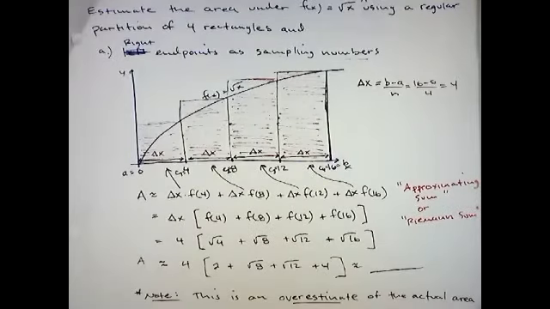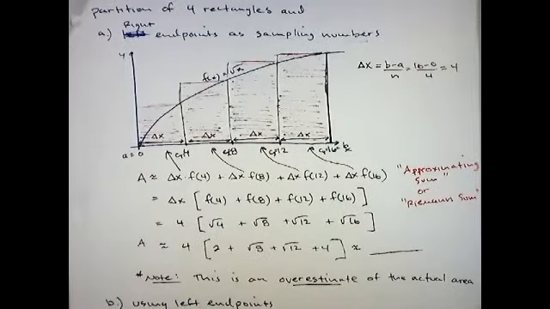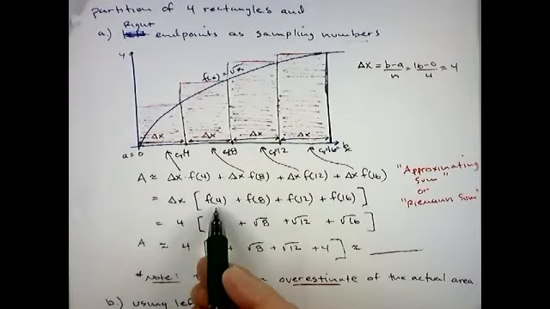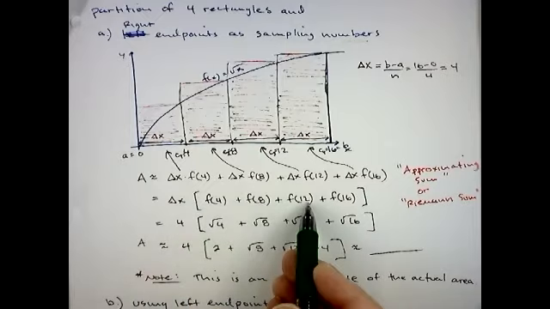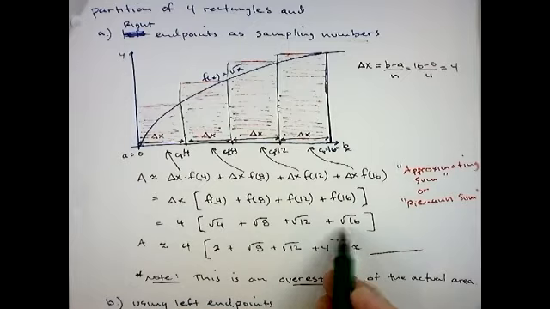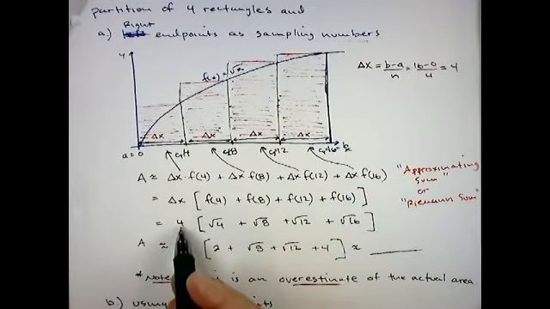So to make the calculation easier, we can factor out the delta x and multiply it by f of 4 plus f of 8 plus f of 12 plus f of 16, which are found by plugging in 4 into my function, the square root function. And of course, delta x is 4.